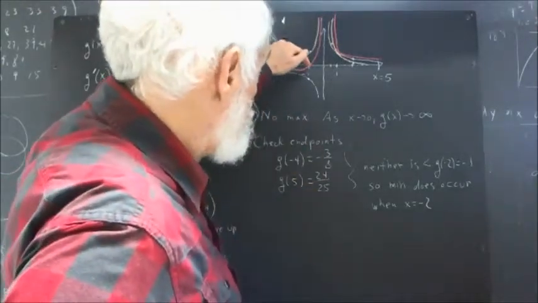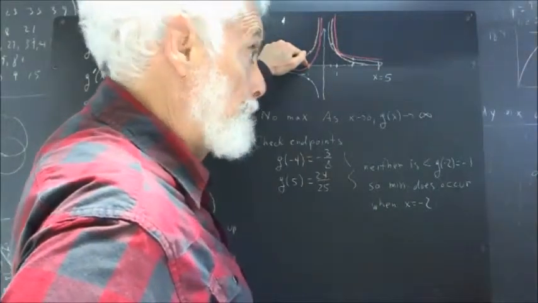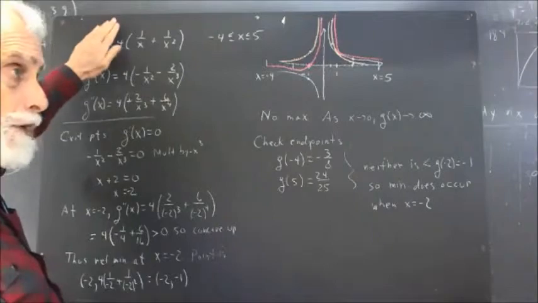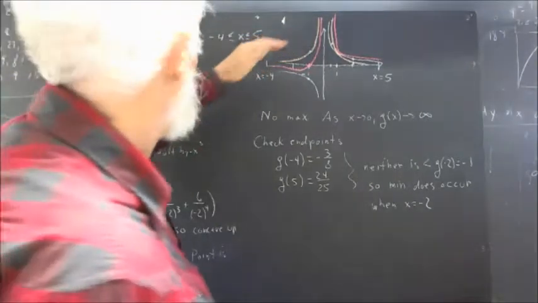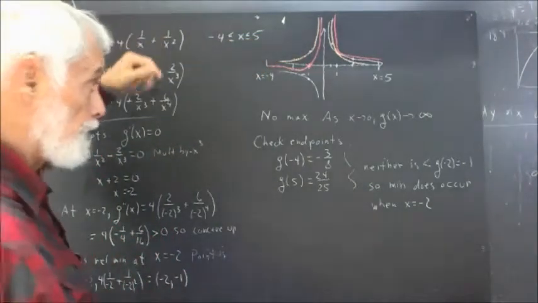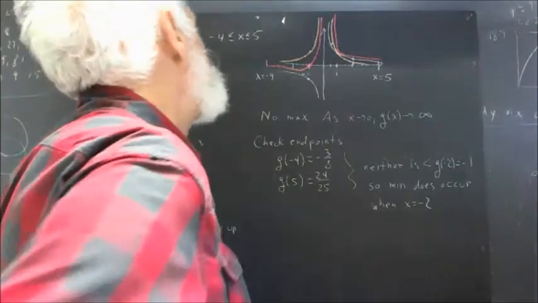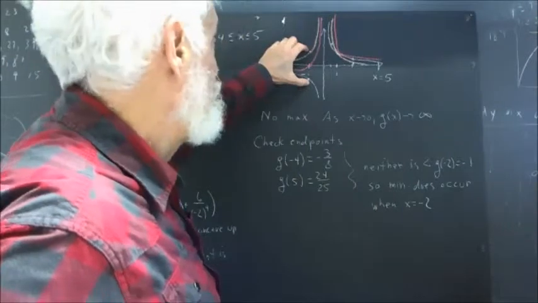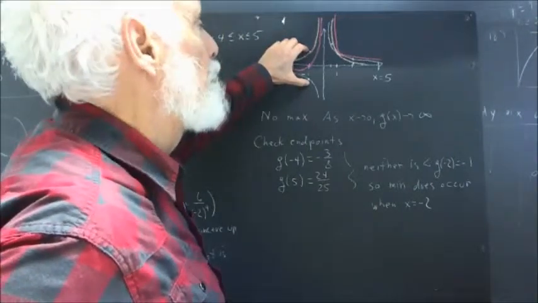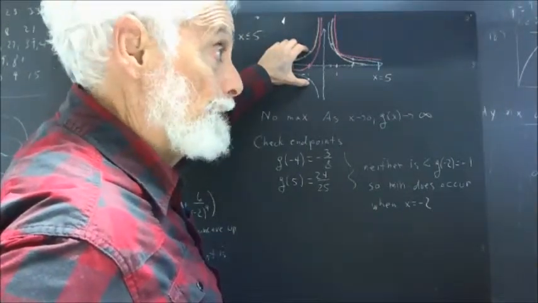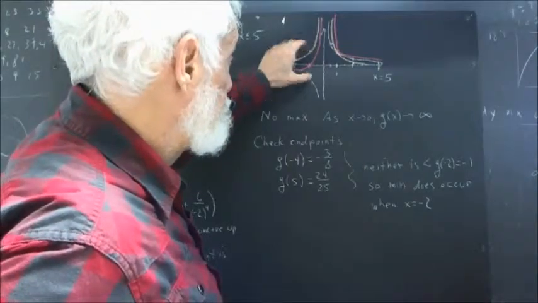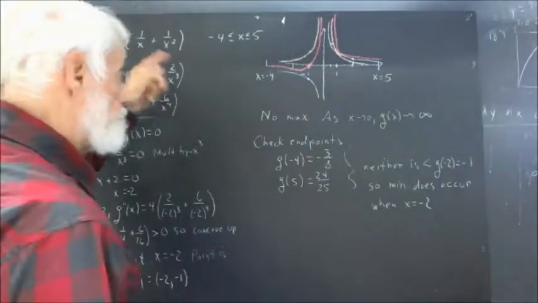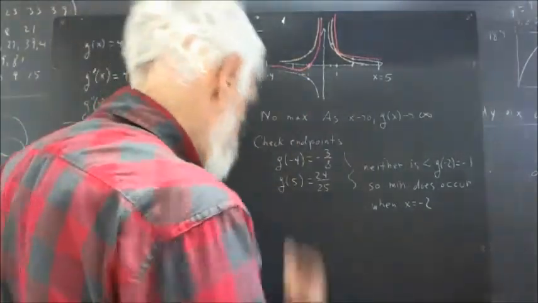If we put a red point here to represent the 1 over x plus 1 over x squared graph, I didn't include the 4 in this. I'm just graphing 1 over x plus 1 over x squared. We see from the two graphs that they are at equal and opposite displacements from the x-axis, so the y values add up to 0, and this function will be 0 when x equals -1.